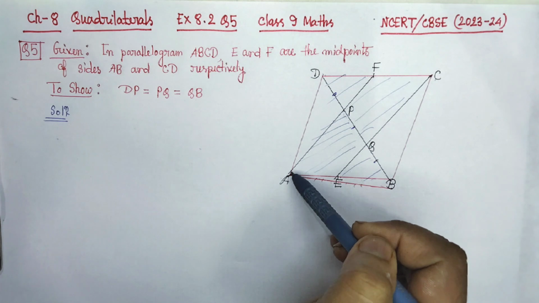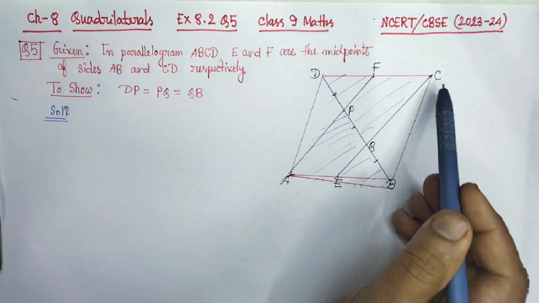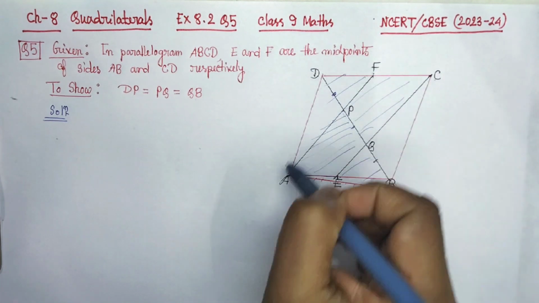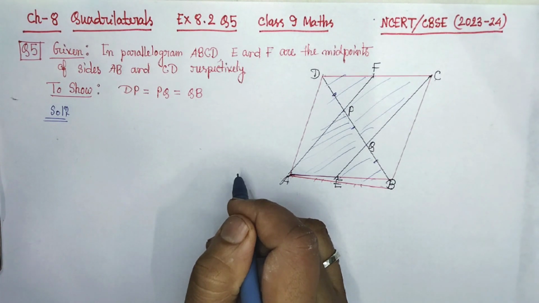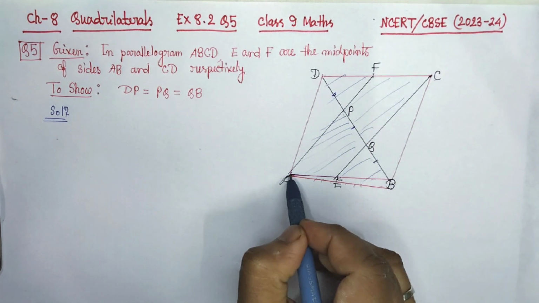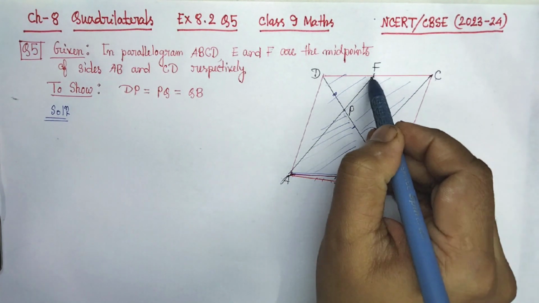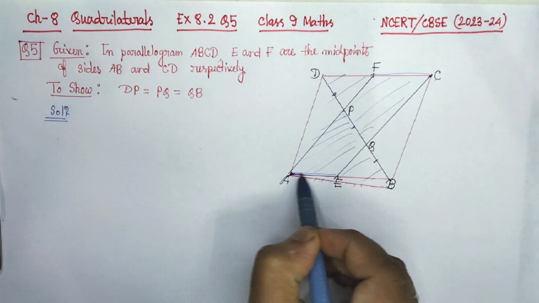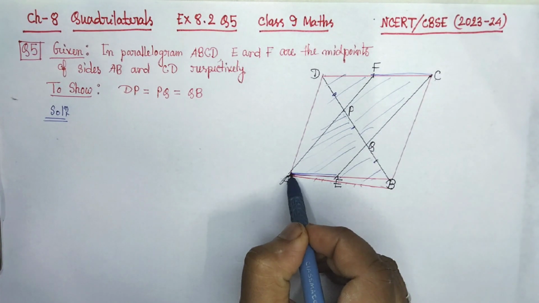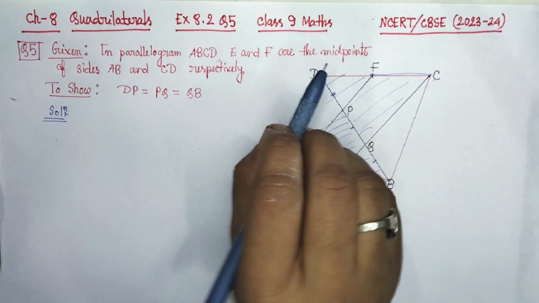To get parallel lines AF and EC, first we show AECF is a parallelogram. A quadrilateral AECF is a parallelogram if one pair of opposite sides is parallel and equal. That means AE equal to CF and also AE parallel to CF.